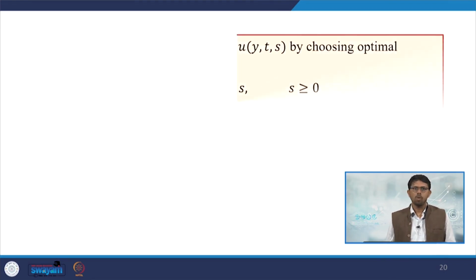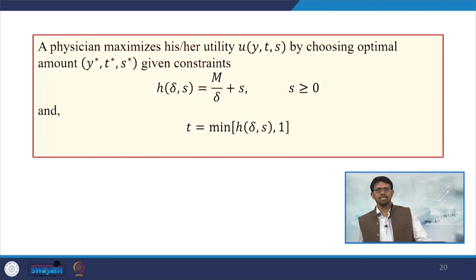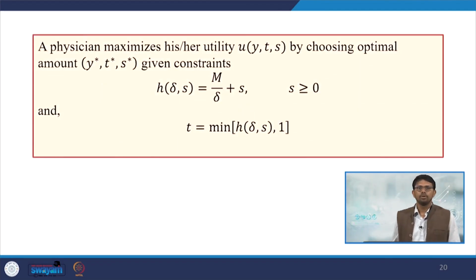All right. Let us start with a physician who maximizes his or her utility by choosing the optimal amounts. Out of these three, we mentioned Y star, T star and S star, given certain constraints.